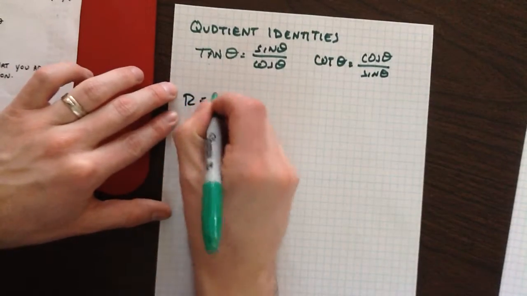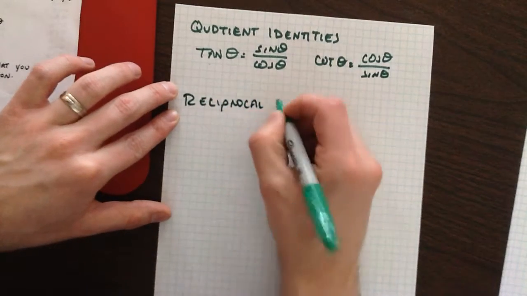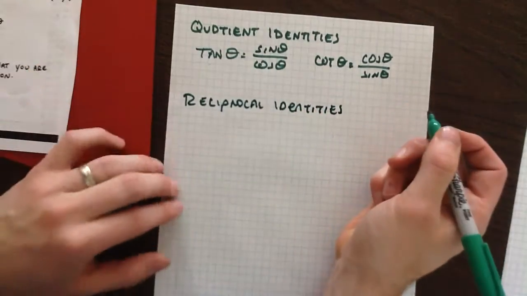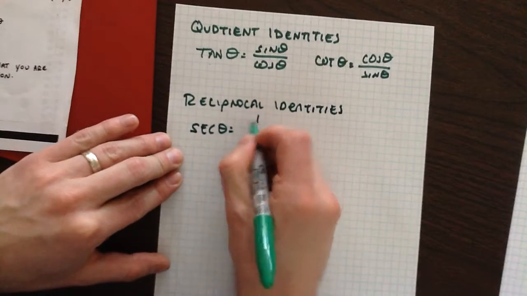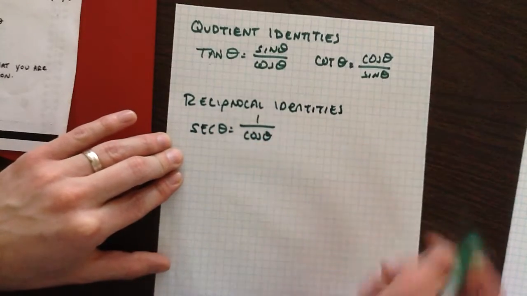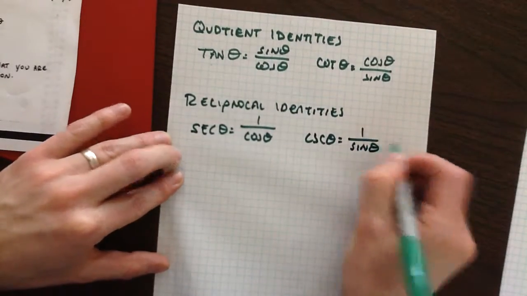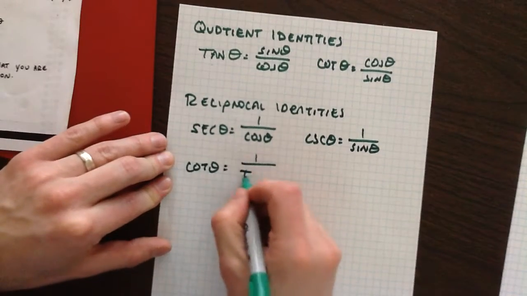We've also got reciprocal identities, the second of our 3. And we've seen these before, where we define secant of an angle is 1 over the cosine. We've got cosecant, it's 1 over the sine. We've got cotangent, as we said, was 1 over tangent.